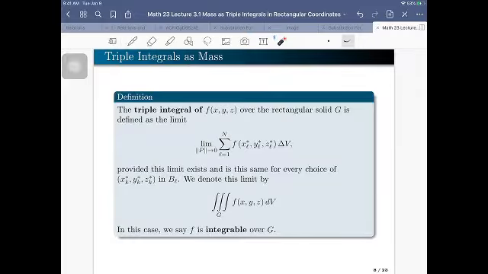The three integrals denote the integral over x, the integral over y, and the integral over z. Now, if this limit exists, then we say that f is integrable over G. In the next slide, we will look at concrete examples of evaluating triple integrals, as well as some properties of these triple integrals. So see you again in the next part of this lecture.